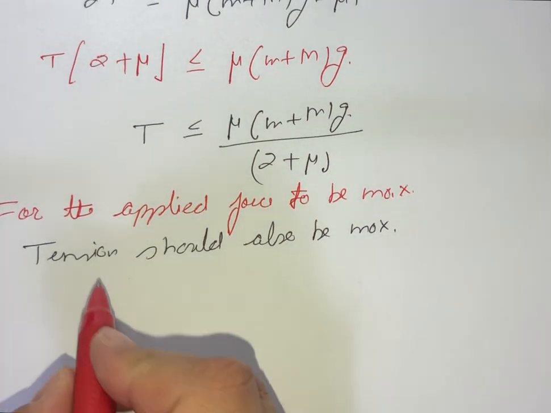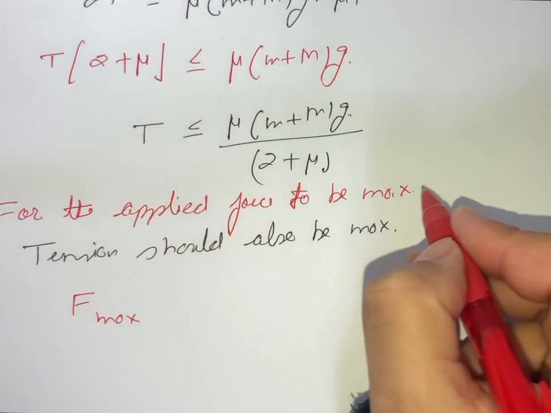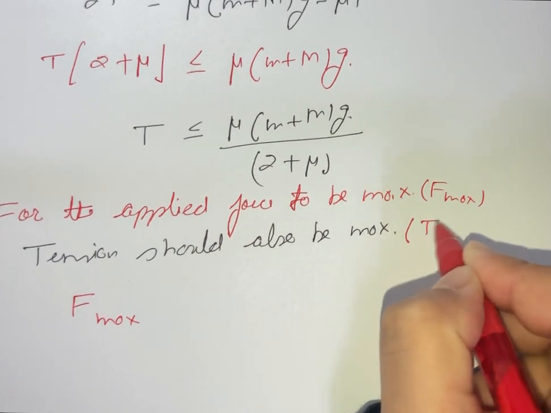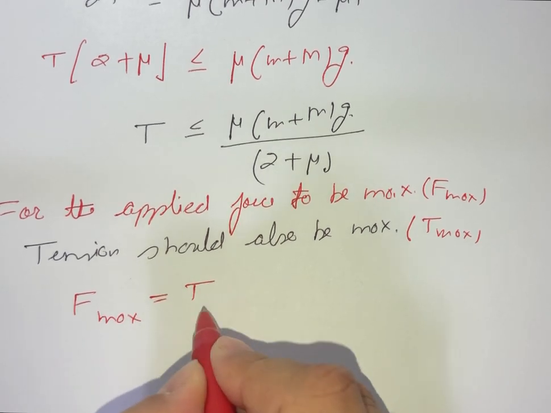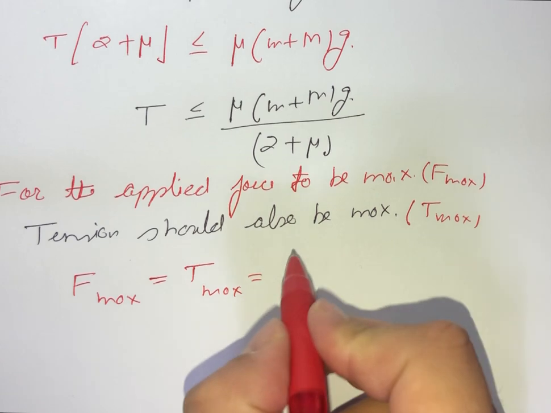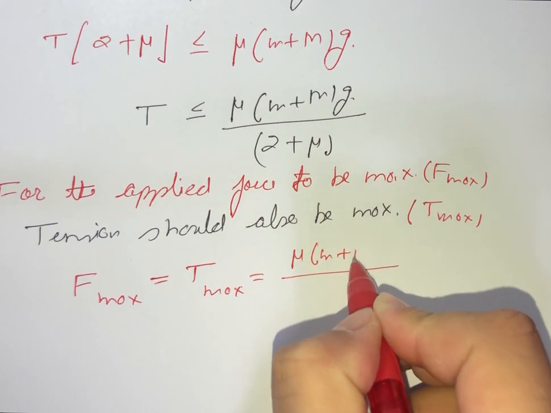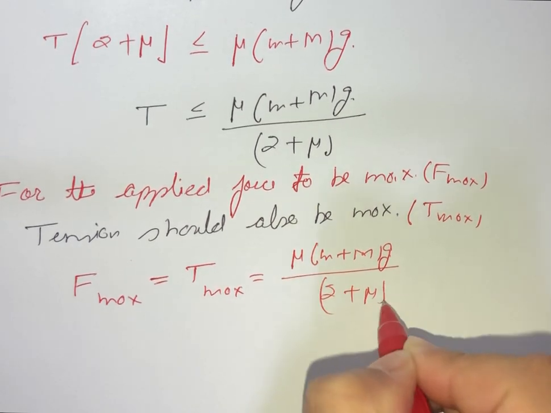You can say that F max, let us call this as F max and this is T max. So F max will be equal to T max, which is equal to mu m plus capital M multiplied by g divided by 2 plus mu.